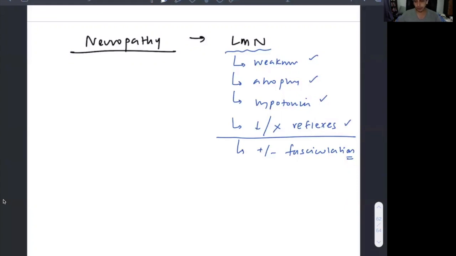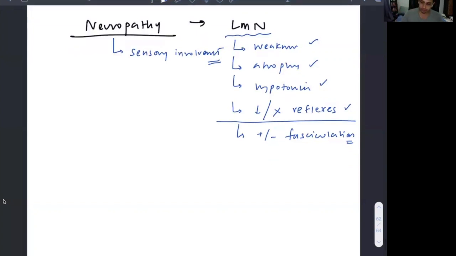What is classical about neuropathy is that along with this, you also get sensory involvement. You need to remember that motor and sensory involvement makes an LMN lesion more likely to be because of the nerve and less likely because of muscle and neuromuscular junctions.